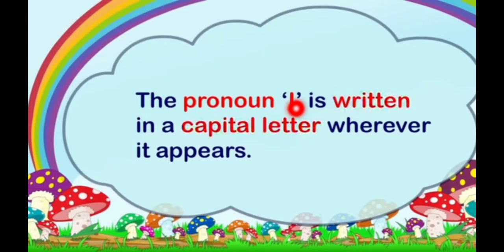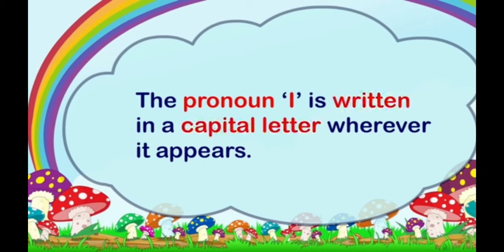The pronoun I is written in a capital letter wherever it appears. We always write I capital in the sentence, no matter where it appears in the sentence. Okay? It means it is always written capital in the sentence.